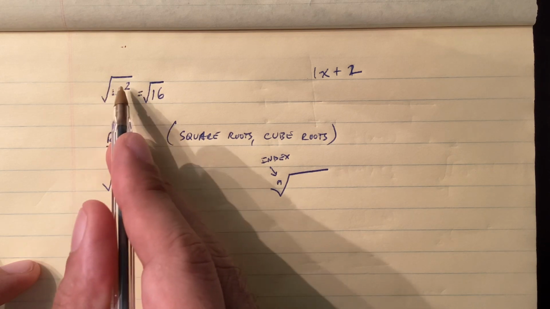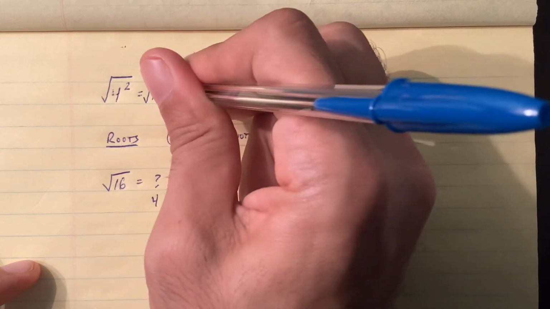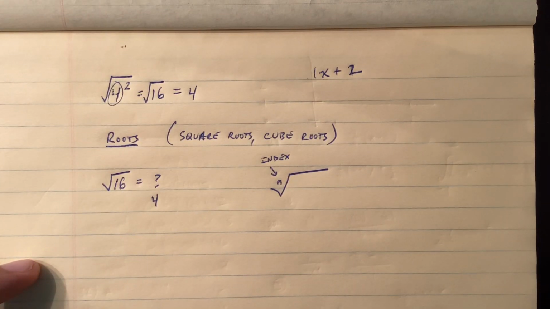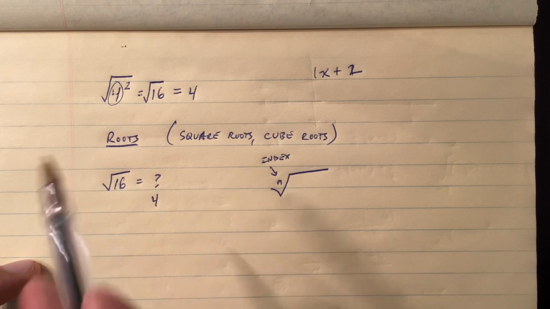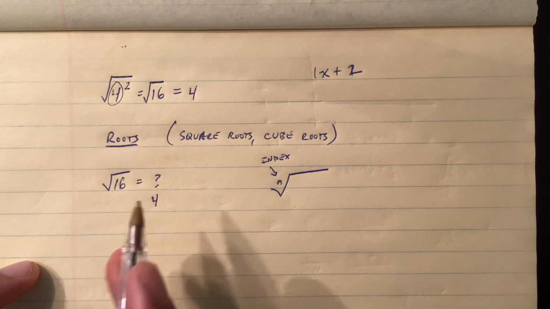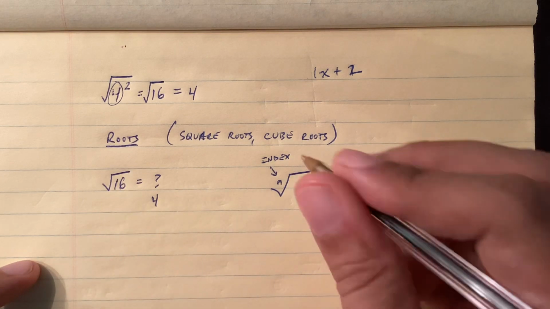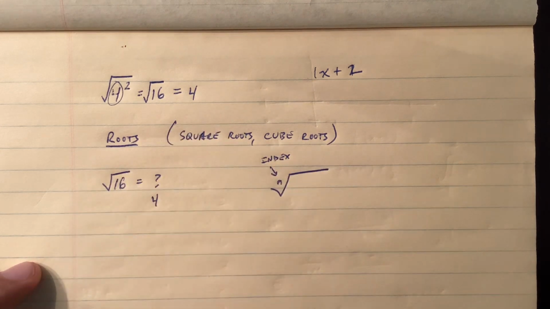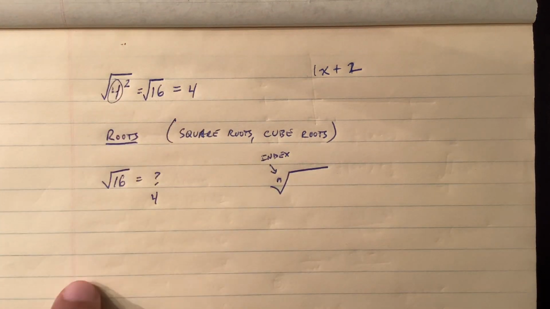So because this is 2 and this is 2, our answer will equal 4. In later videos, we're going to break this down a little bit more, and we'll talk about this in greater detail later on.